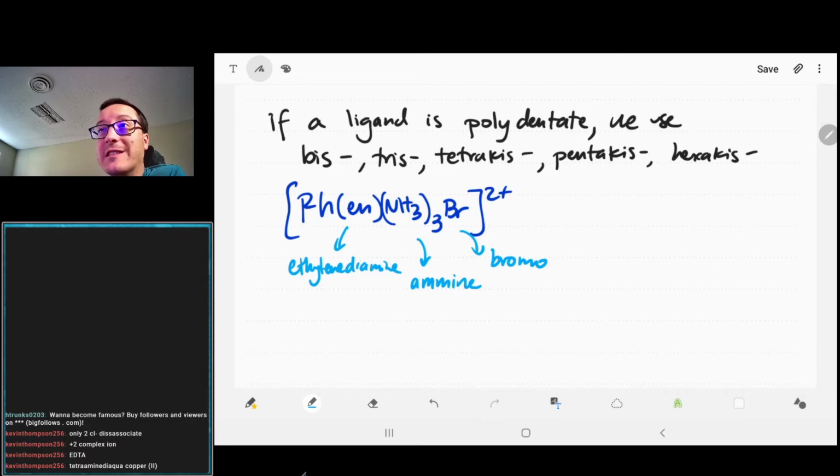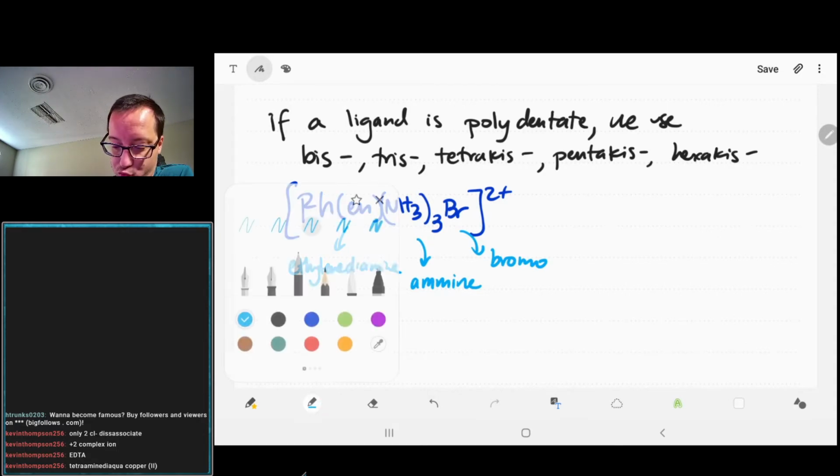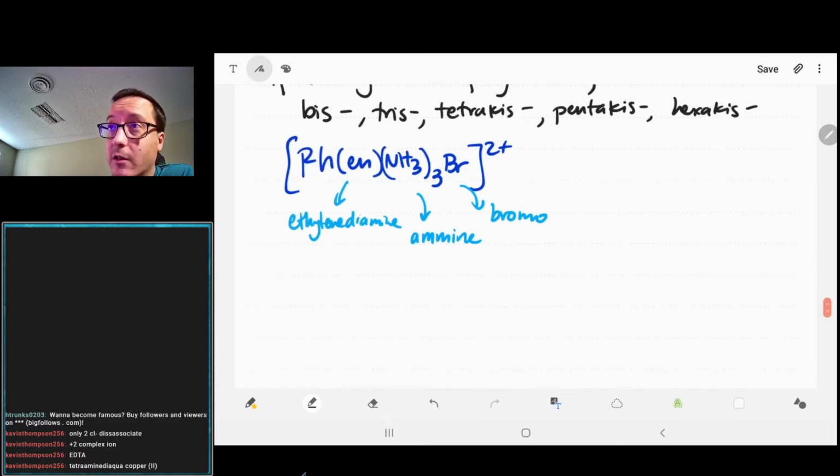So we have to do these in alphabetical order, right? Our metal, by the way, is rhodium. That's Rh. Or is it rhenium? No, rhenium's Re. Oh, wait, no. What am I saying? Metal goes at the end.